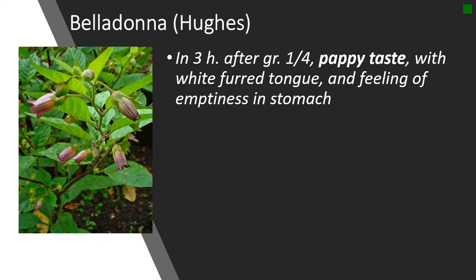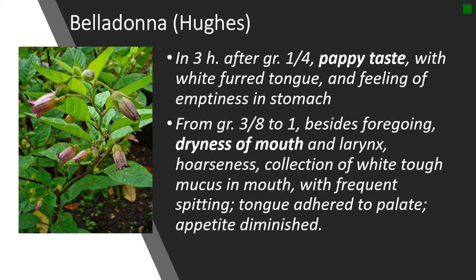This prover continued with the proving, and when he took between 3/8 to 1 grain of that particular medicine, which is belladonna in this case, besides the foregoing, that means besides all the symptoms mentioned here, he experienced a dryness of mouth and larynx, hoarseness, collection of white tough mucus in mouth with frequent spitting, and the tongue adhered to the palate, and appetite was diminished.